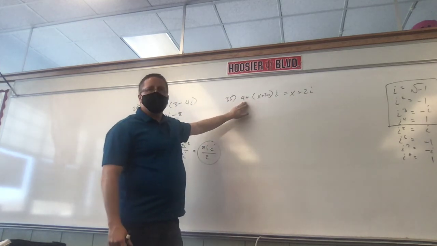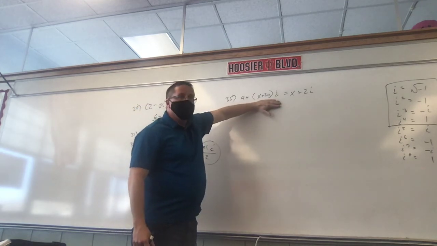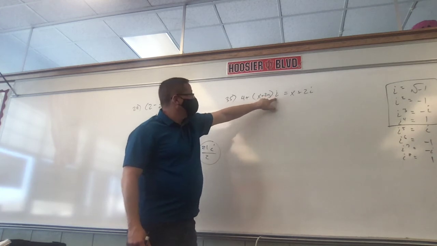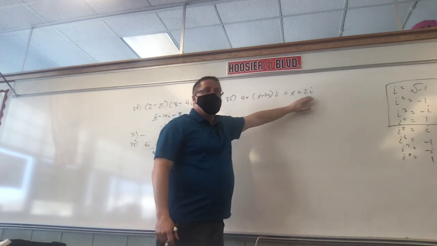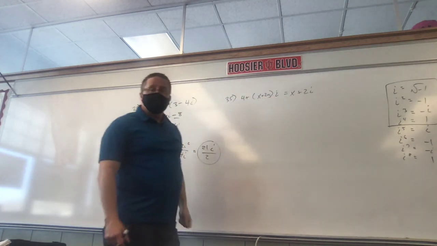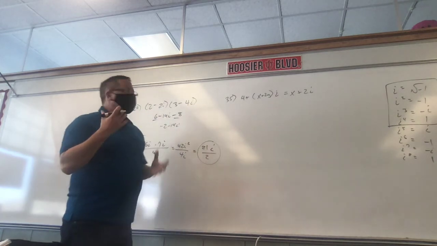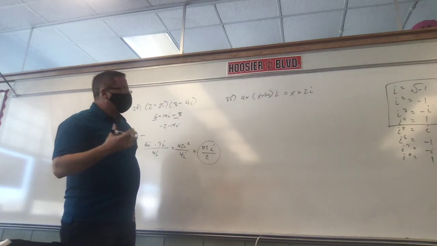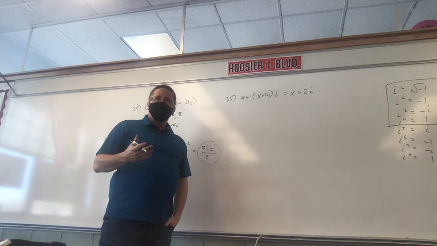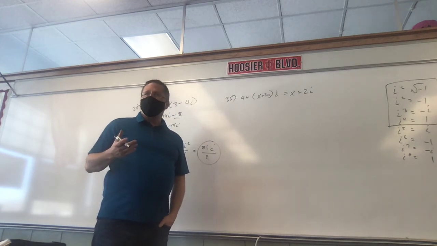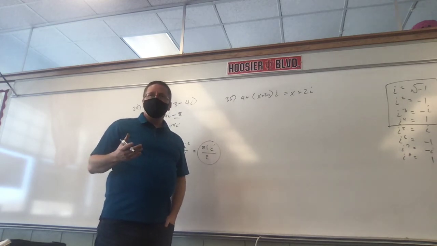Is this real or imaginary? Why is it real? There's no i. Is this real or imaginary? Imaginary. So here's what you do. They're asking us to solve for x, y, and i? No. They don't solve for the variable. Which variable don't we solve for? i.